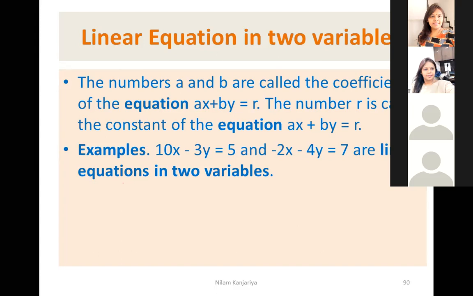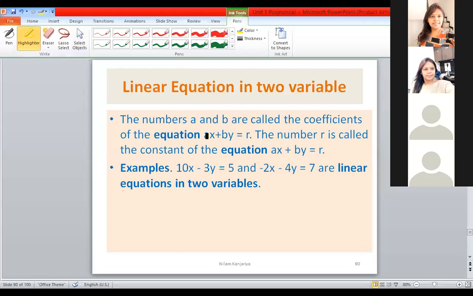If any equation is written in the form ax plus by equals r, where r means any constant, it's called a linear equation in two variables.